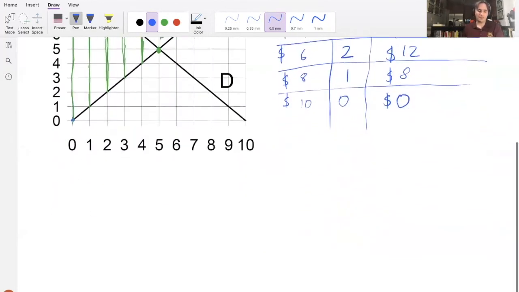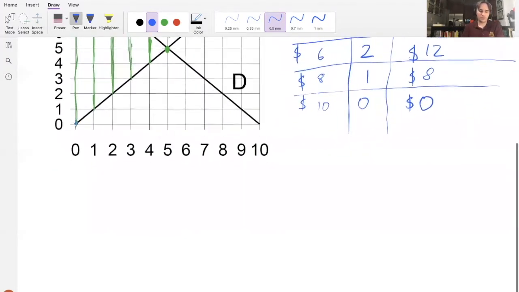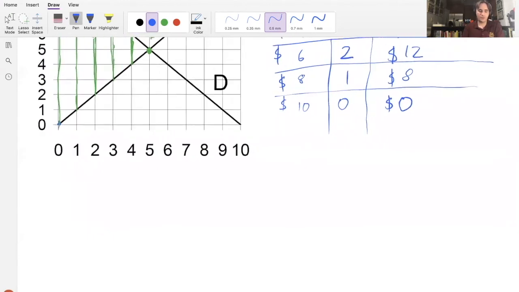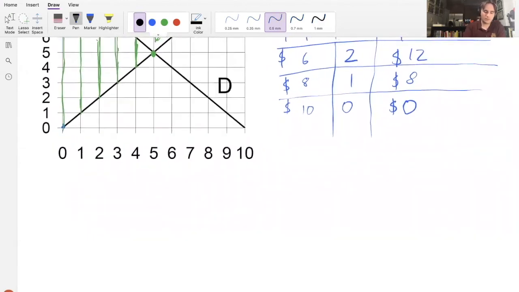If we graph it, we can graph out the Laffer curve to see what it looks like. We'll put some points here: 0, 2, 4, 6, 8, and then 10.